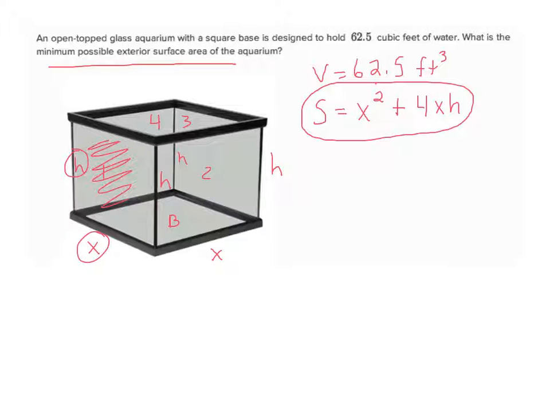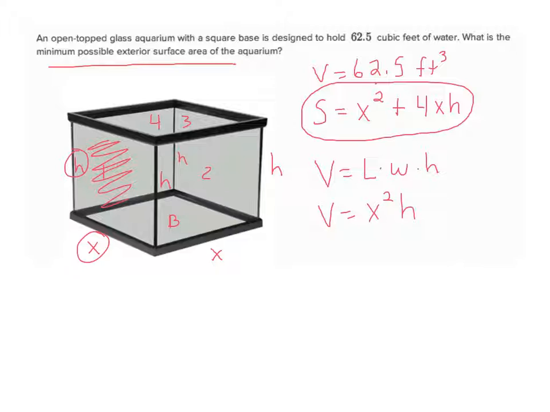Okay, and now the volume formula, what would the volume formula of this cube be? Length times width times height, that's correct. But in this case, the length and the width are the same, aren't they? So it'd be X squared times what? H. Okay.